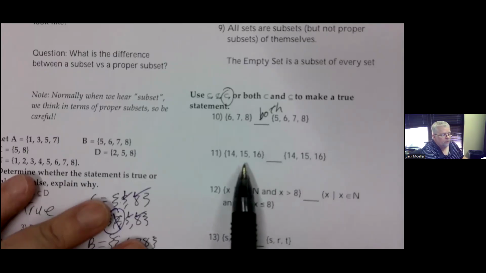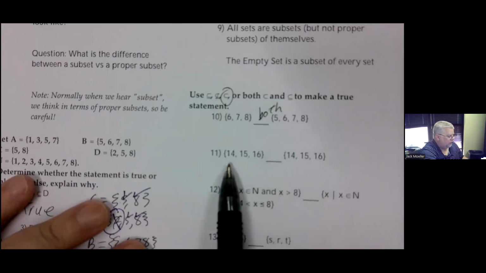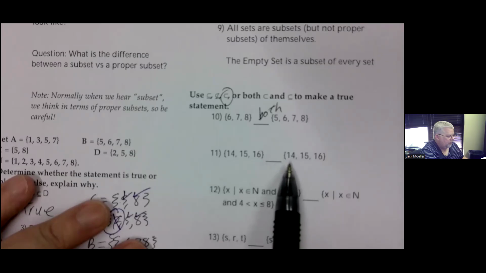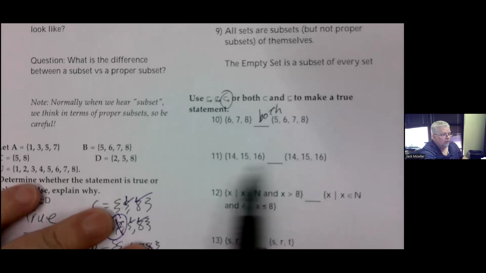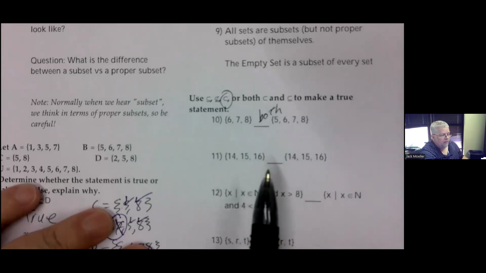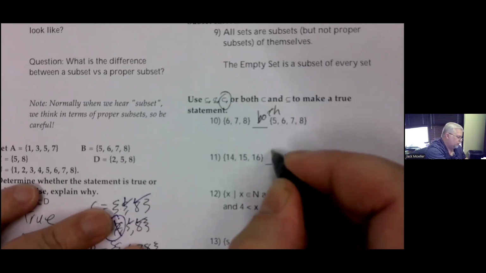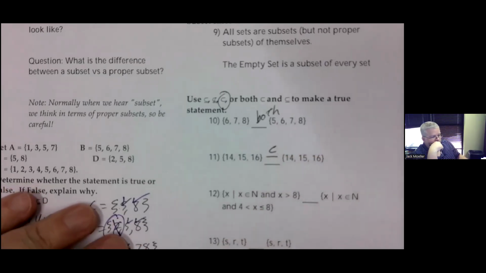So how about 11? Well, every element over here on the left is on the right. So that makes it a subset. Can it be a proper subset? Well, proper subset means they can't be equal, but these are equal. So it can't be a proper subset. It is only a regular subset.